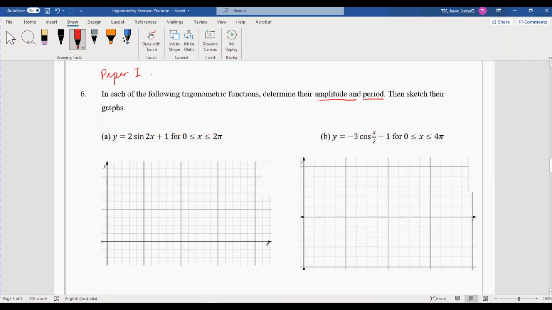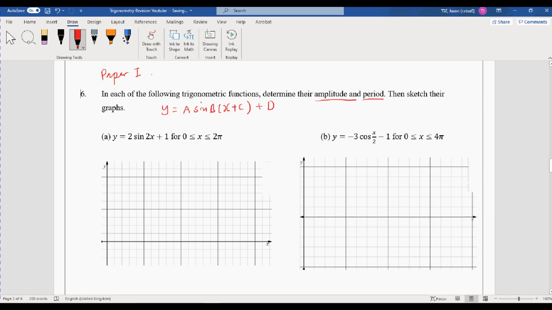Remember, if there's a sine function, the form is always like y equals a sin(bx plus c) plus d. They indicate different things.